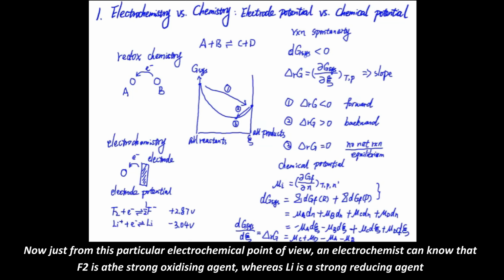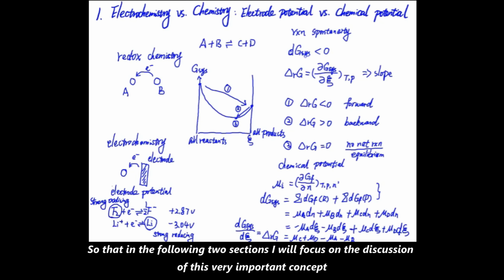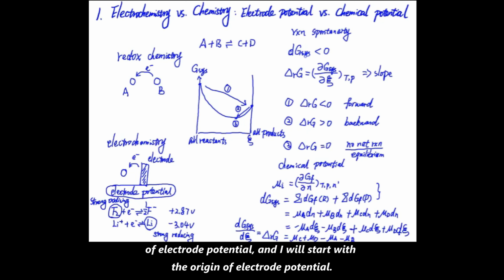Now, just from this particular electrochemical point of view, an electrochemist can know that fluorine is a strong oxidizing agent, whereas lithium is a strong reducing agent. So that in the following two sections, I will focus on discussion of this very important concept of electrode potential, and I will start with the origin of electrode potential.